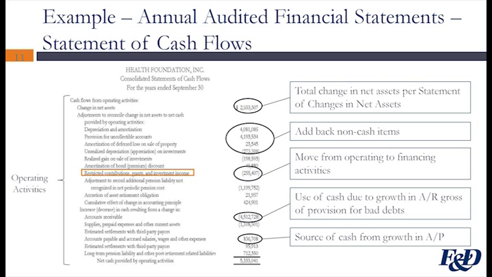So the first section, as I mentioned, is the operating activities. That goes through exactly what we've been talking about, the accounts receivable, any of your other assets and liabilities, and how they change from one year to the next. And it bears mentioning again that an increase in accounts receivable is actually a use of cash.